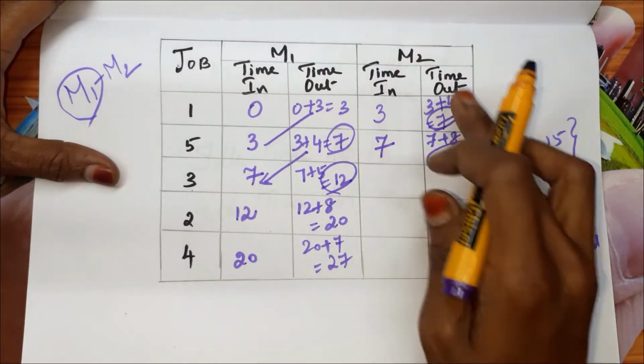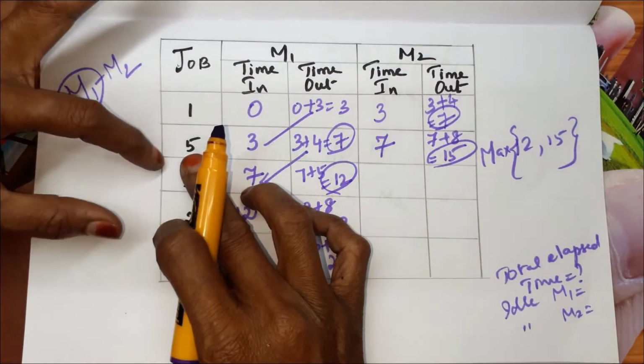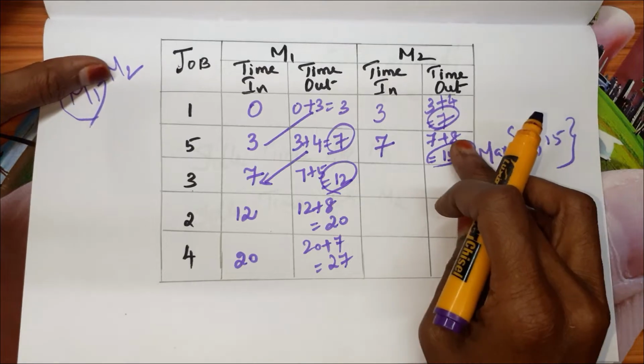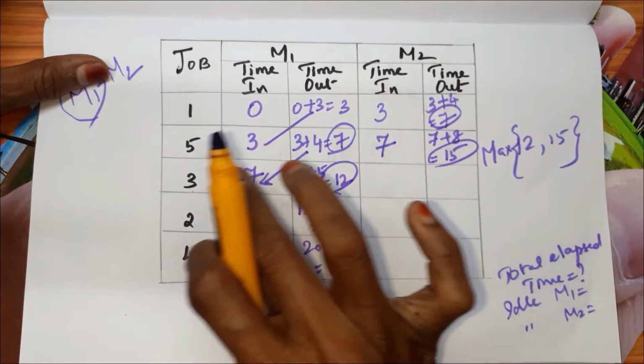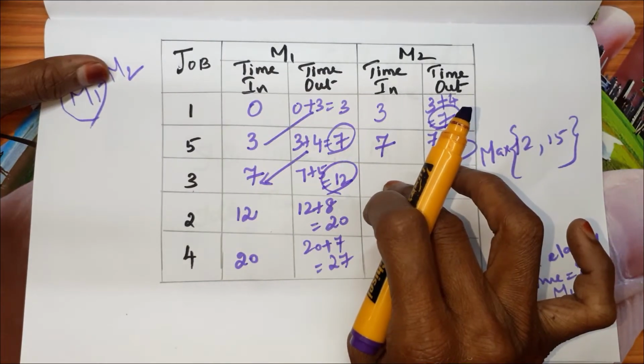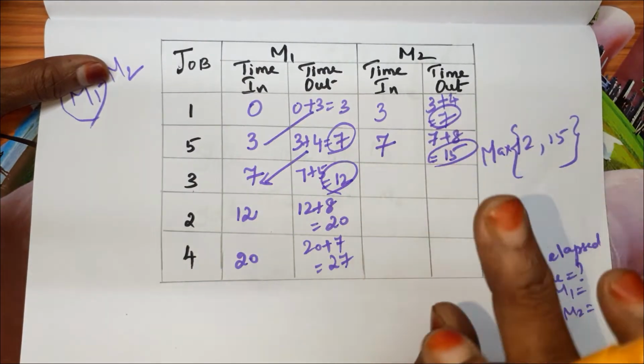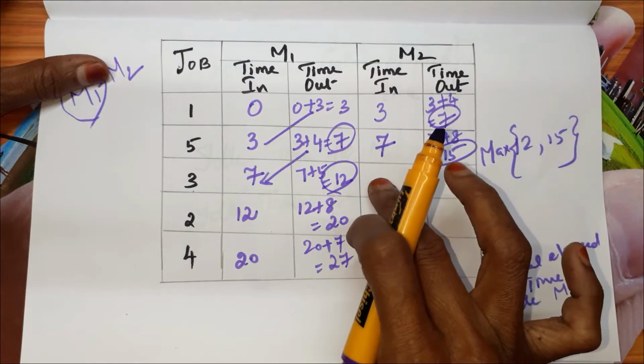So in the machine, at 15 hours the fifth job is being processed. Only after that is finished will this machine be free. After that only we can move this job to the second machine M2. Is it clear?